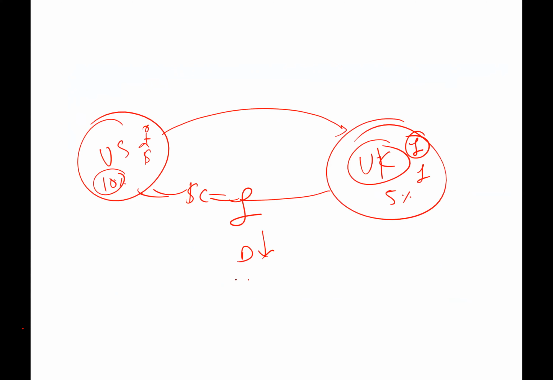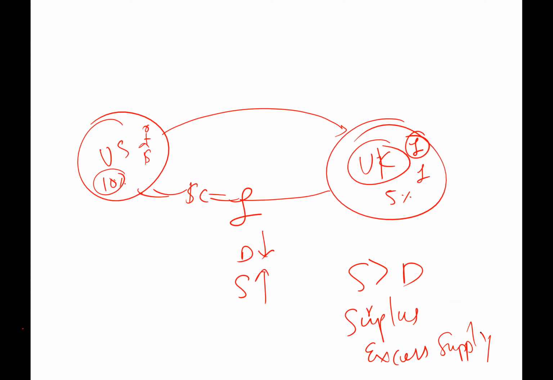It means UK will be increasing its supply. So when supply is greater than demand, it means we're talking about surplus or excess supply. In case of excess supply, the exchange rate or the price will decrease.